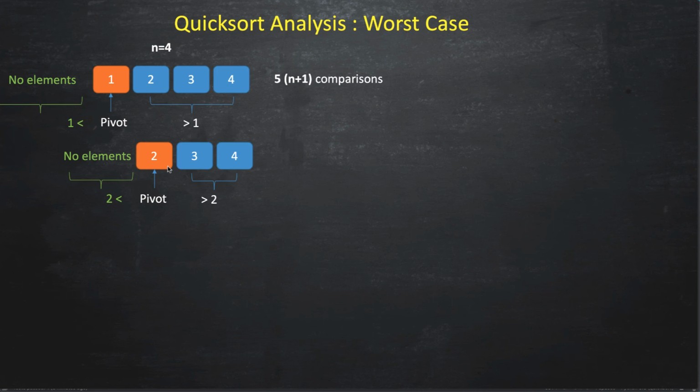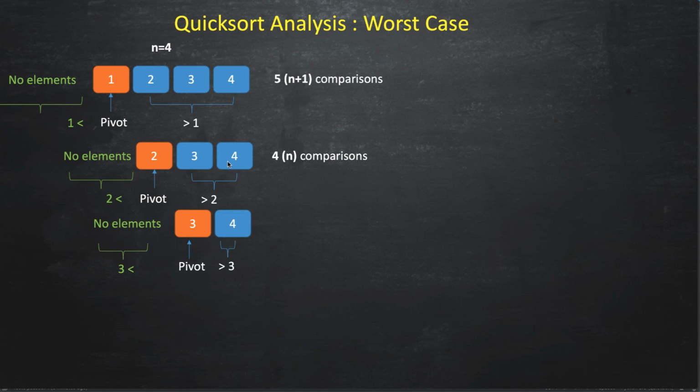Then when the list size gets reduced to 3, we'll do 4 comparisons. When the list size is 2, we will do 3 comparisons, and then when there is only a pivot left, a list size of 1, we'll not do any comparison.